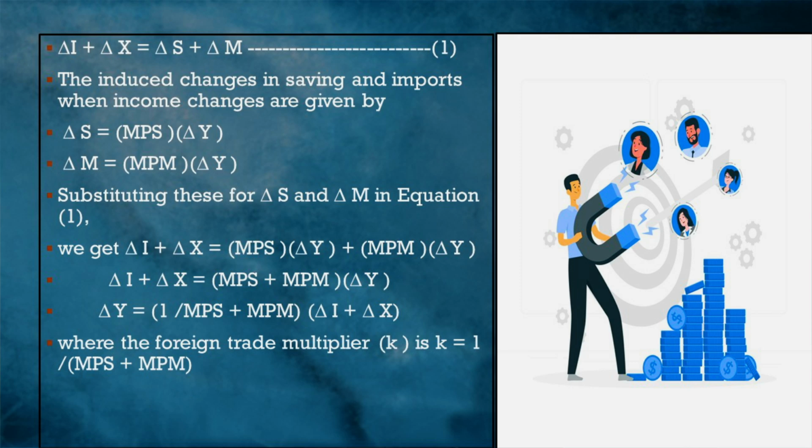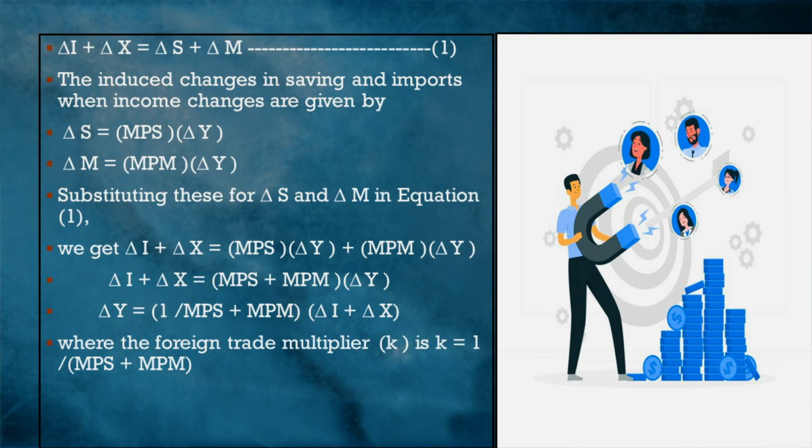Del Y is common on the right hand side, so you take it out, and then what we have is del I plus del X, the change in investment plus change in export, which is nothing but total injection, is equal to MPS plus MPM into del Y. The right hand side is nothing but total leakages. Okay, but then we can play around with those equations, and then what we find is the change. Basically, what is the multiplier?